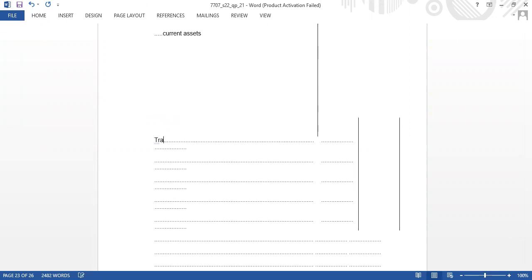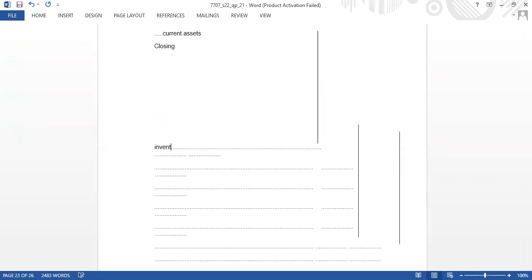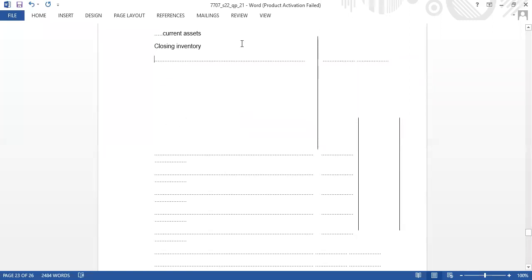There are no trade receivables, so closing inventory of 1070.